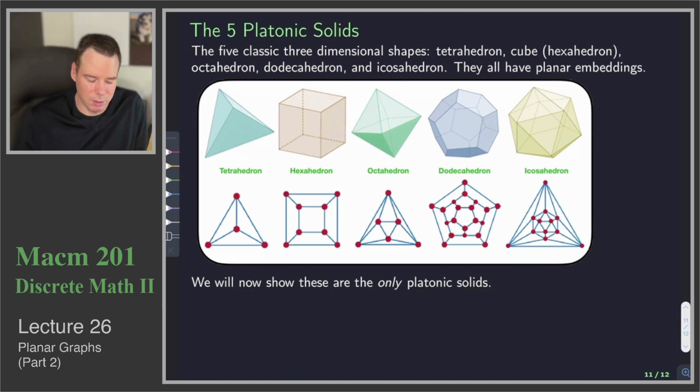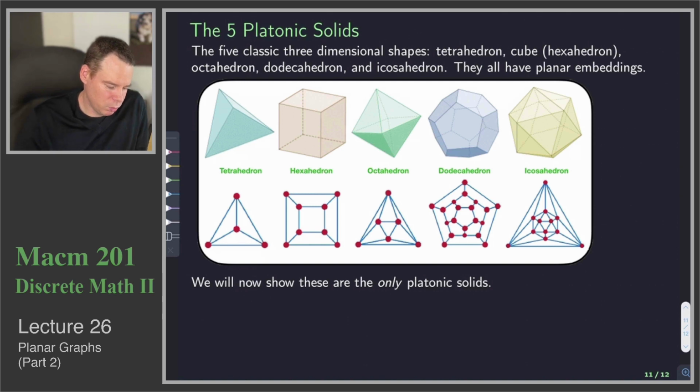Now, what does it mean to be a Platonic solid? It means that your faces are made up of regular polygons. So in this case, triangles, squares, or pentagons. And there's the same number of them coming together at every vertex.